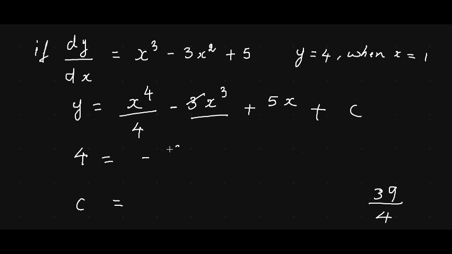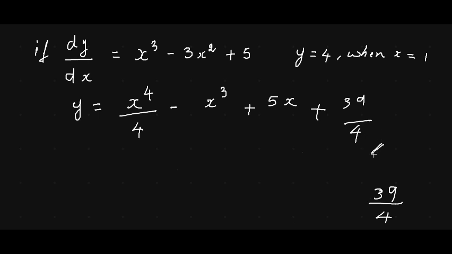So it's saying, tell me what is y in terms of x. y is equal to the same equation: x to the power of 4 divided by 4 minus x to the power of 3 plus 5x plus 39 by 4, and that should be the answer.